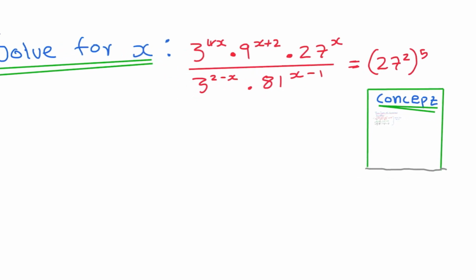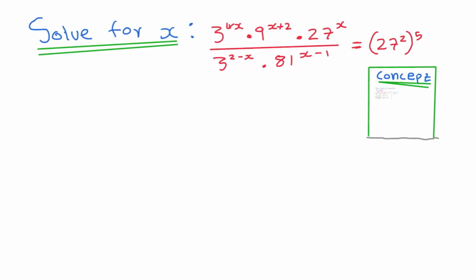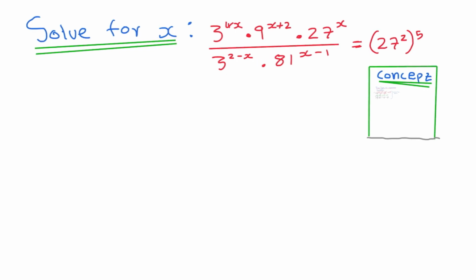So now when you look at this, guys, you can see that the base of each power can be changed to a prime base. So let's change it. I'm going to say 3 to the exponent 4x multiplied by, when you change 9 to a prime base, it's going to be what? 3 squared, right?